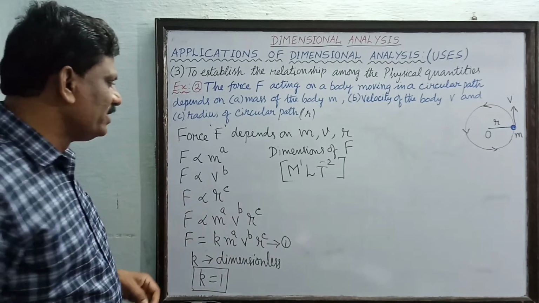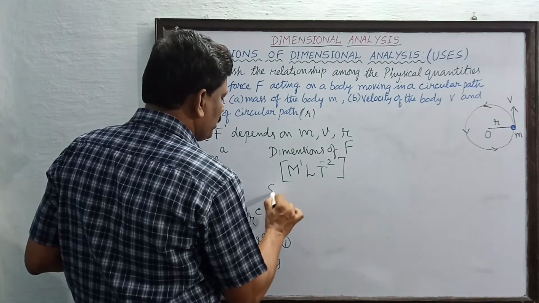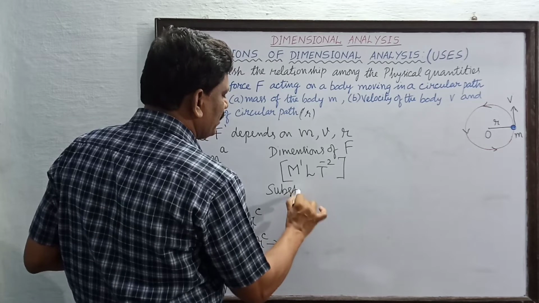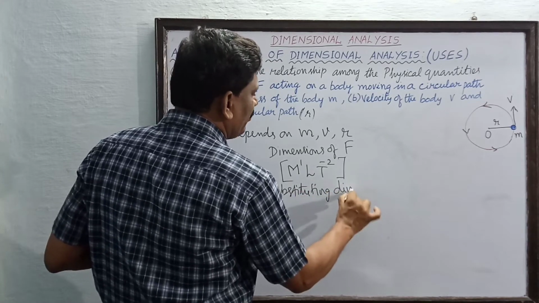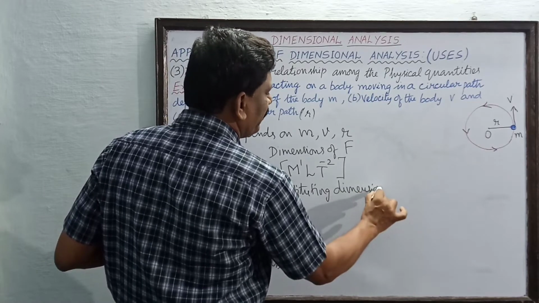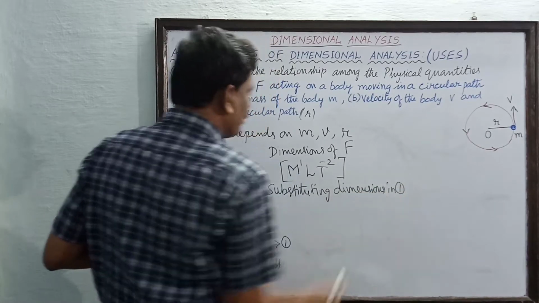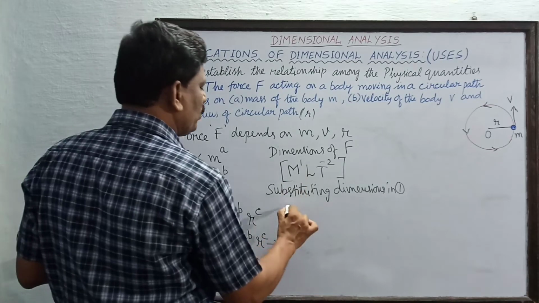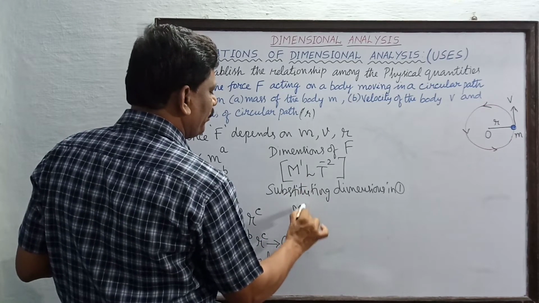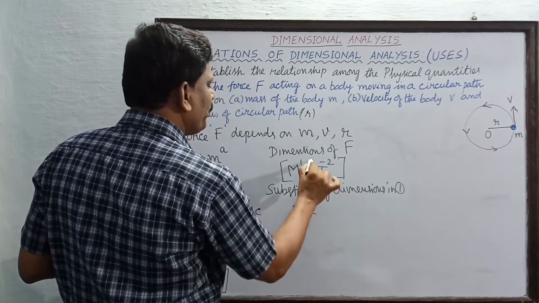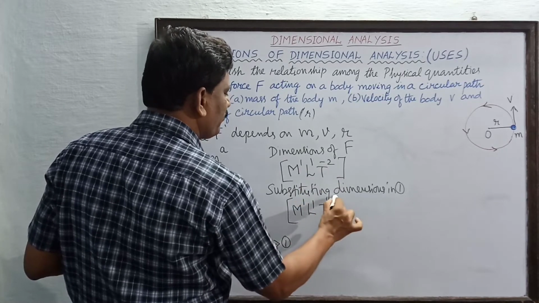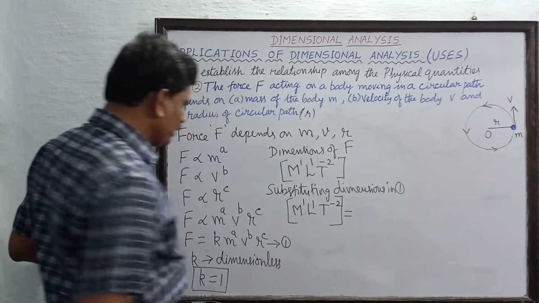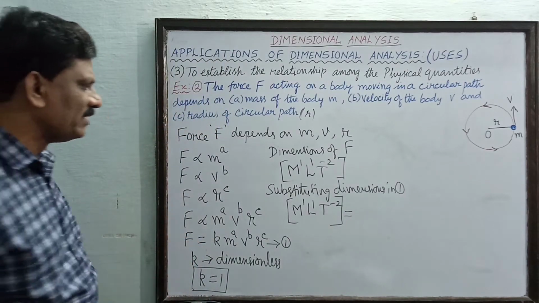I am going to substitute the dimensions of each term in the first equation. On the left hand side, this is M^1 L^1 T^-2, which is force. And k has no dimensions.